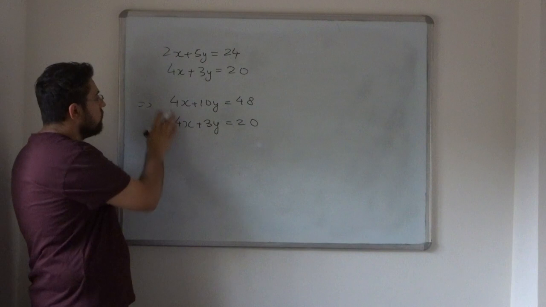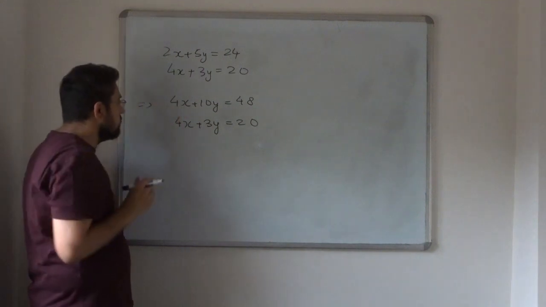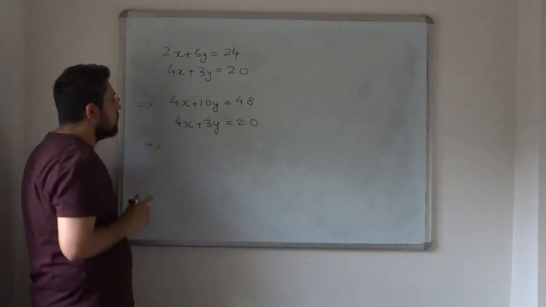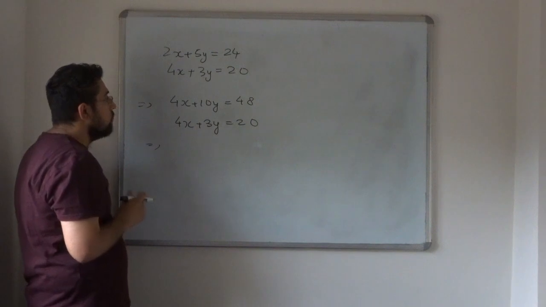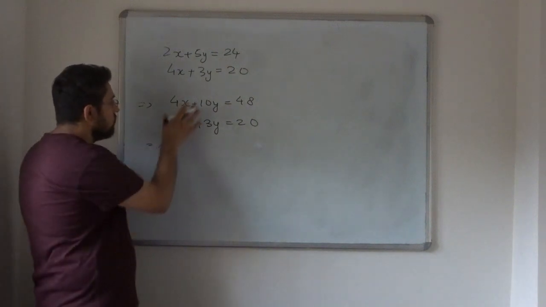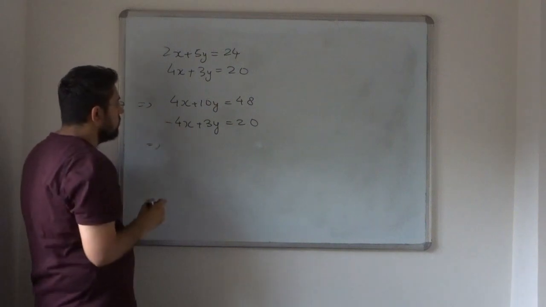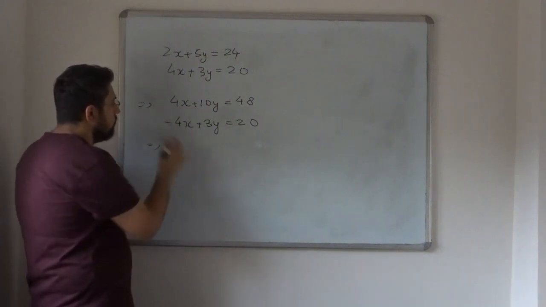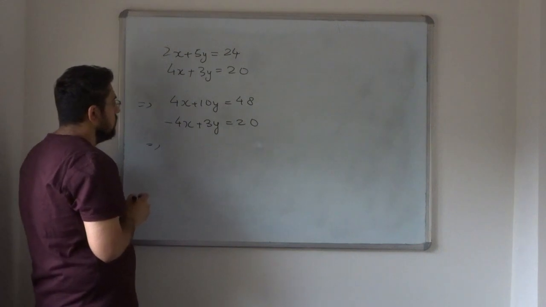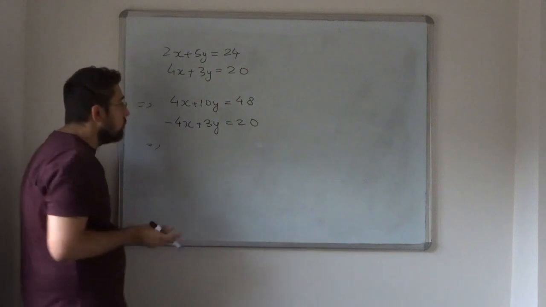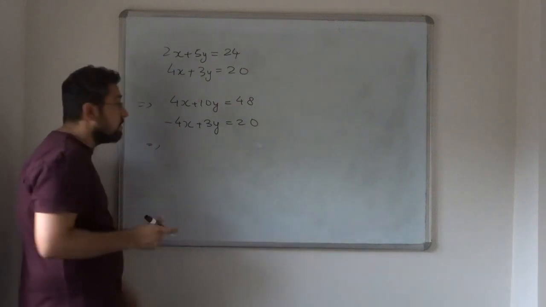So basically, guys, you have 4x and you have 4x. So now what do you do? Now you subtract both the equations. So when you subtract this whole equation, what do you get, guys? 4x minus 4x is 0, so we've eliminated x.